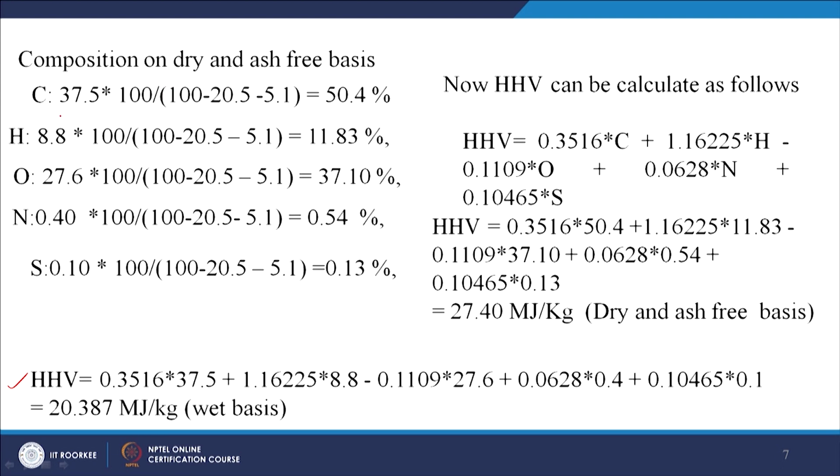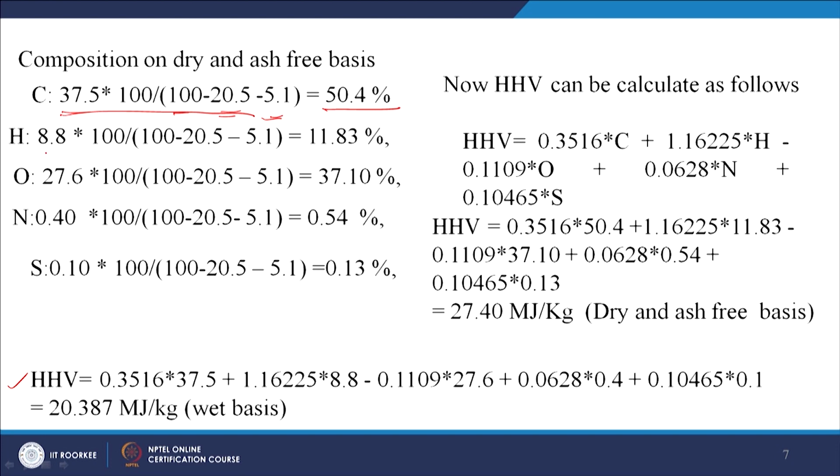Carbon we have 37.5 in the original sample. So, in dry and ash-free basis, that is 37.5 into 100 divided by 100 minus moisture minus ash, so that is 100 minus 20.5 minus 5.1. This expression is giving us 50.4% carbon on dry and ash-free basis.